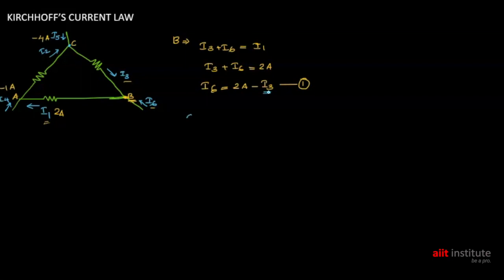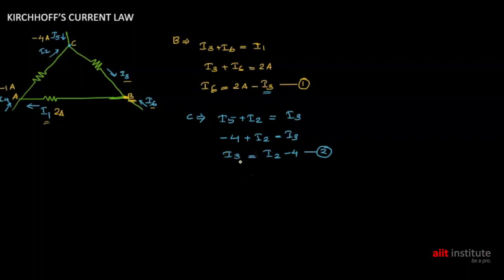So applying KCL at node C, I5 plus I2 is equal to I3. We know the value of I5 is minus 4, so minus 4 plus I2 equals I3. From this equation we can write I3 equals I2 minus 4, which is equation 2.